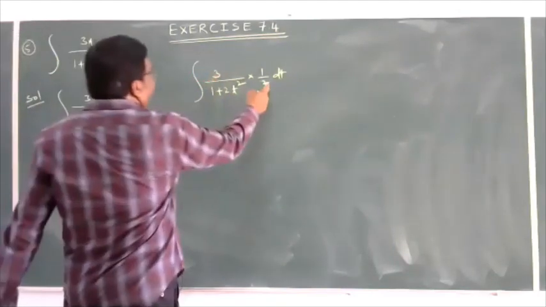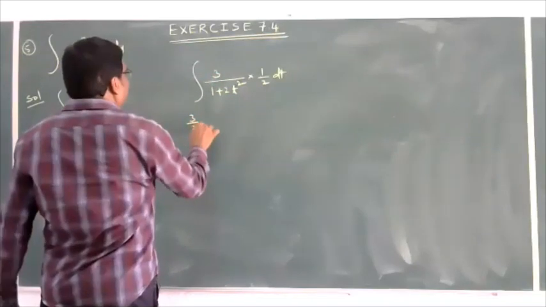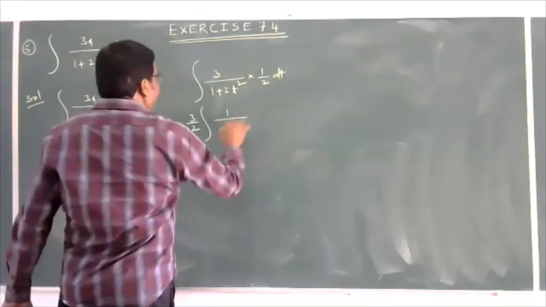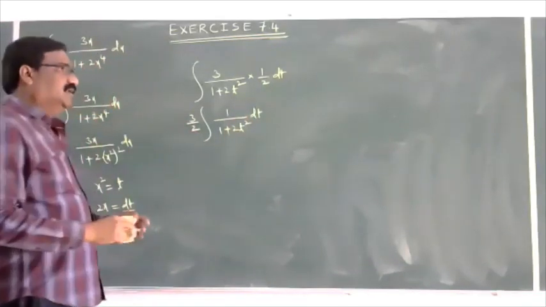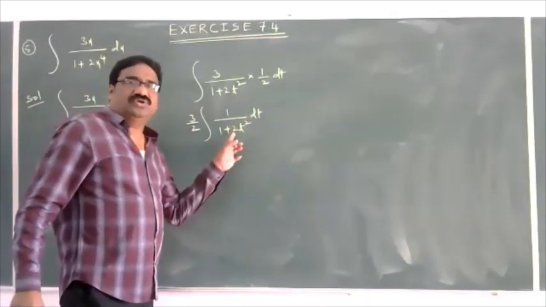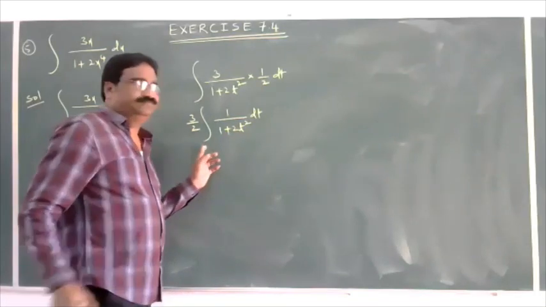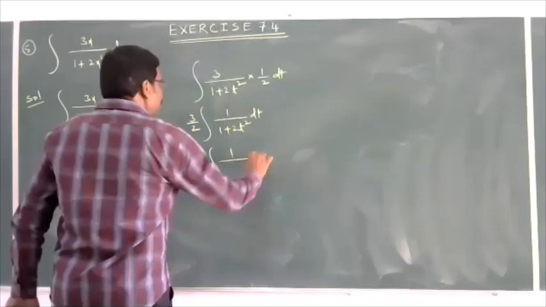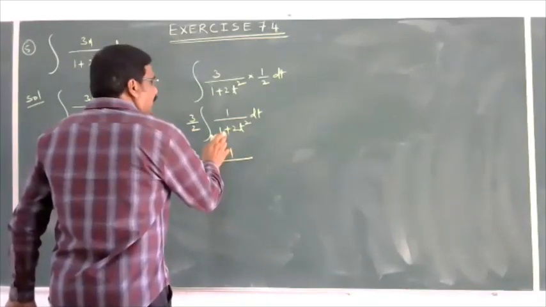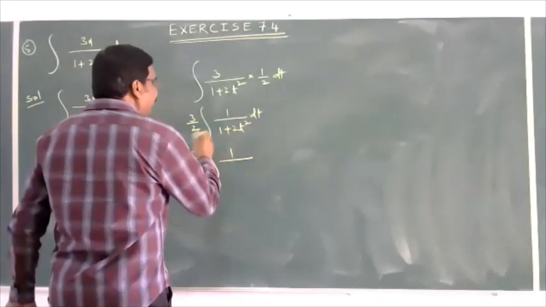Here 3 is a constant and 1 by 2 is a constant. 3 by 2 you write outside and 1 by 1 plus 2t square dt. Here you take 2 also common, that is 3 by 4. Here there is no 2, that's why you divide with the 2.